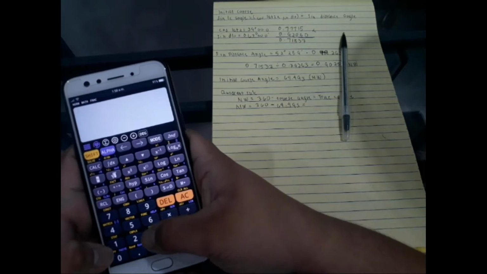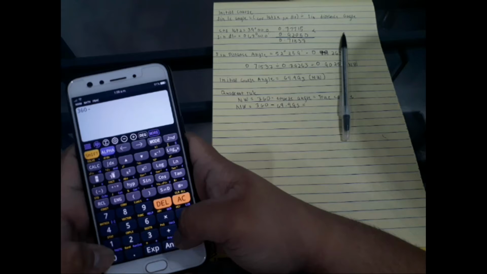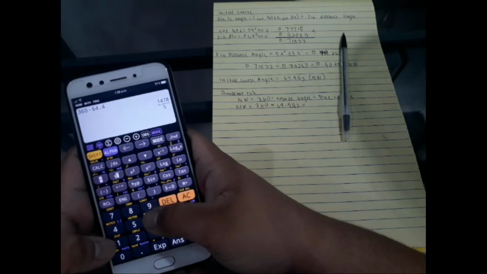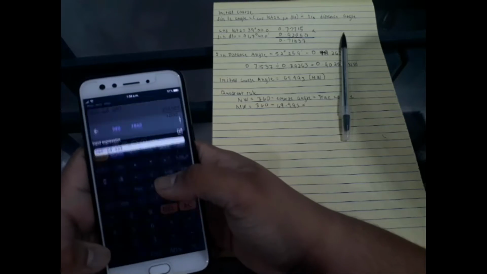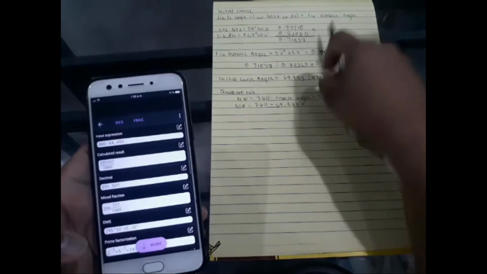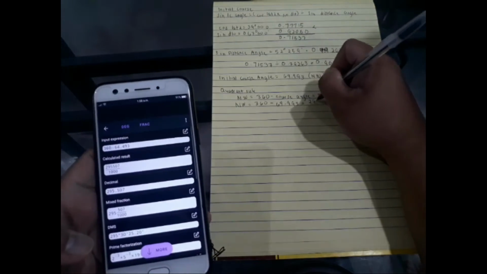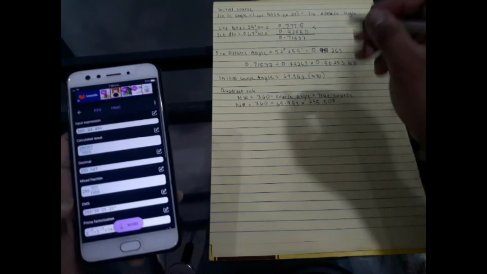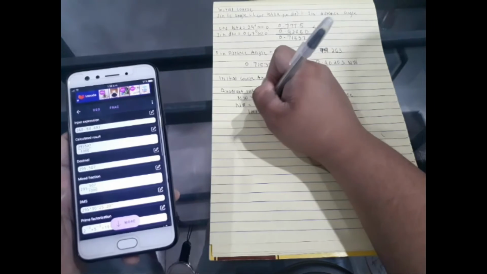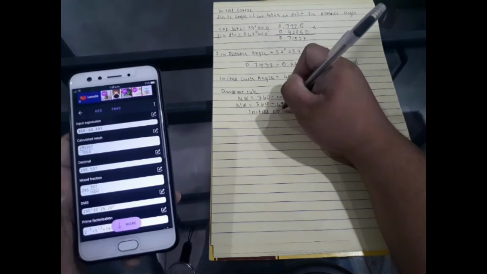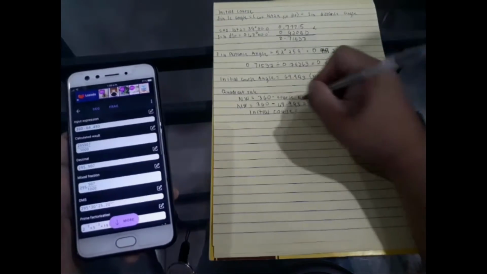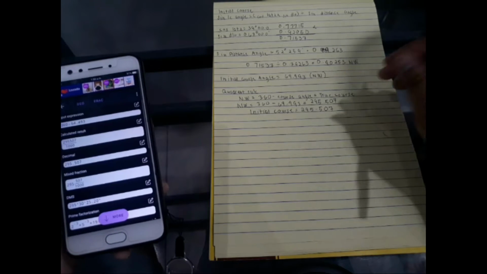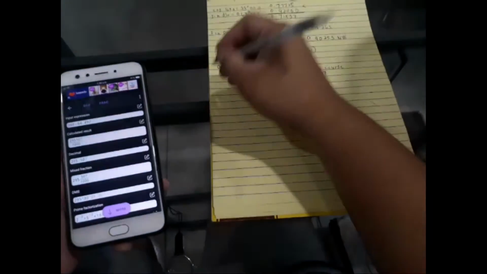So 360 minus 64.493 is equals to 295.507. So our initial course is gonna be 295.507. So now we should get the final course.